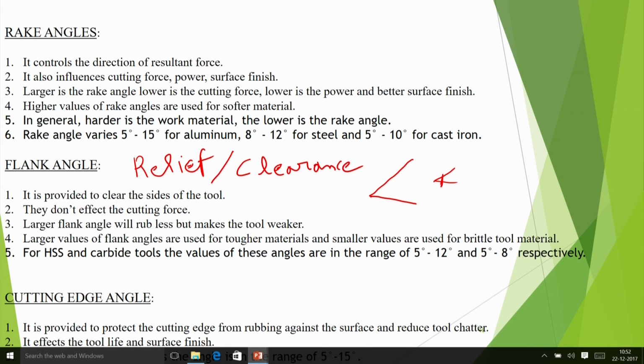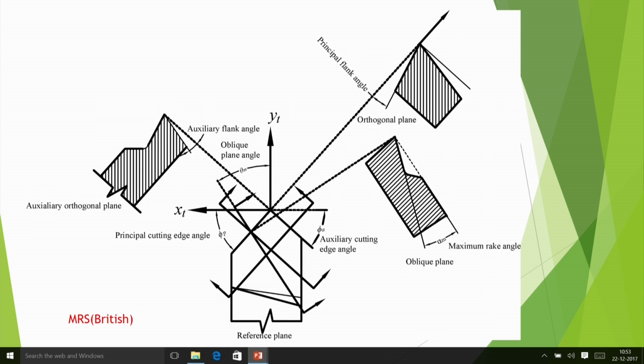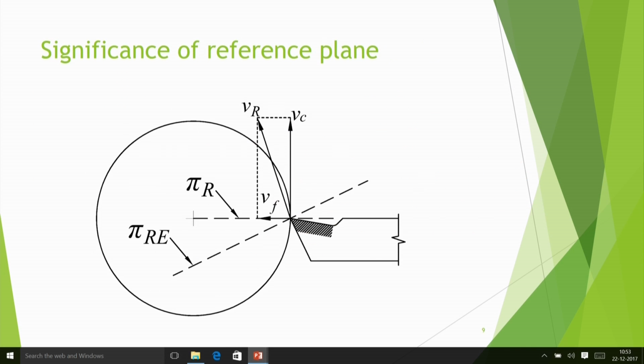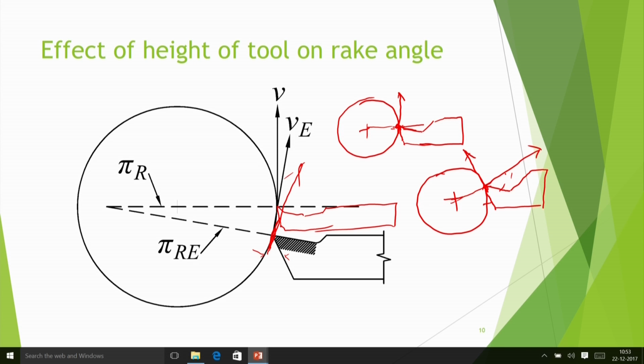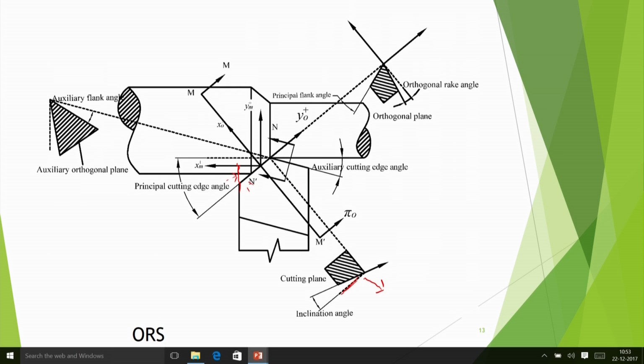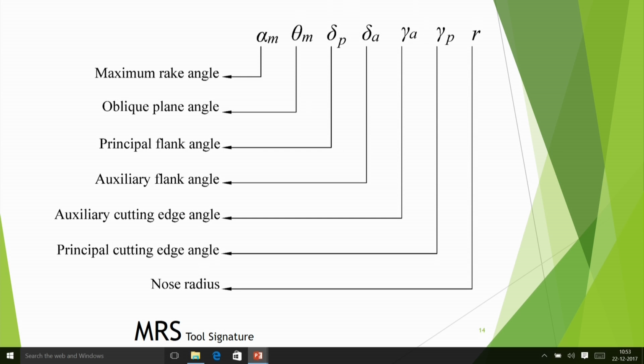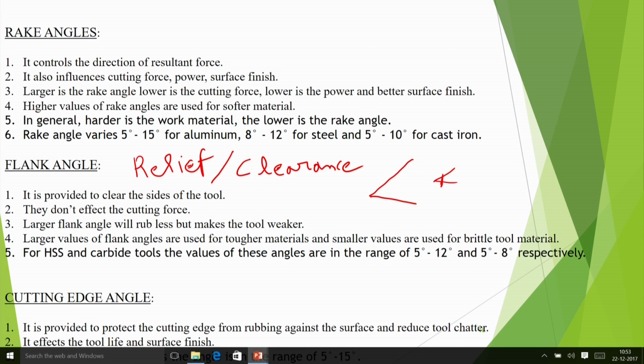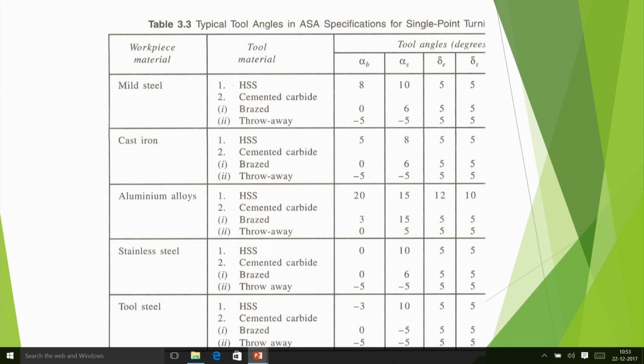And then I have told you how we decide to make a rake angle, what is positive about the rake angle. I hope that you have understood what our sign convention is also. The way I have shown the pictures, these angles are positive, in the other way they will be negative. That means easy flow of the chip, that means the rake angle is positive we define, otherwise it becomes negative. And then I have shown the typical tool angles.